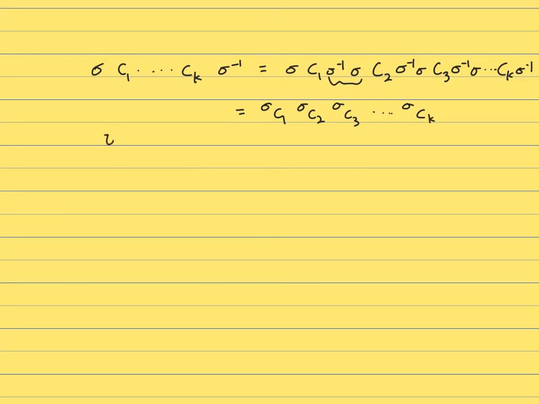So in particular, if tau is a product of disjoint cycles, then sigma of tau, by conjugation, is the product of conjugates.